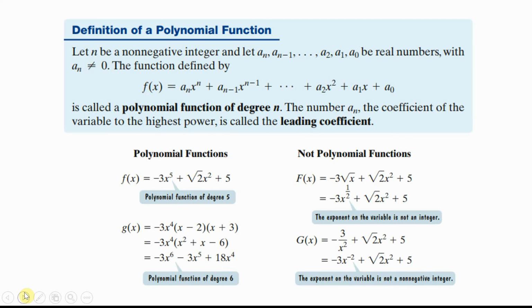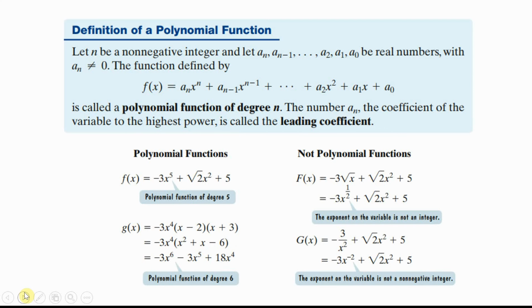And so we said that a function has nth degree, and here n is non-negative. That means that this function, the power is not negative. That means that the values don't drop down to the denominator. And n is important, so we call that n the degree of the function. And a sub n is just the coefficient that we call the leading coefficient.